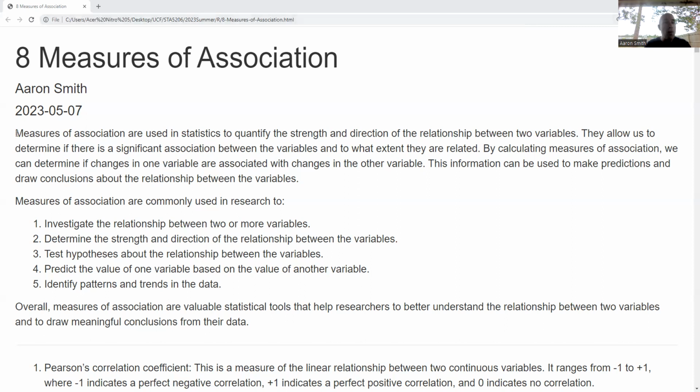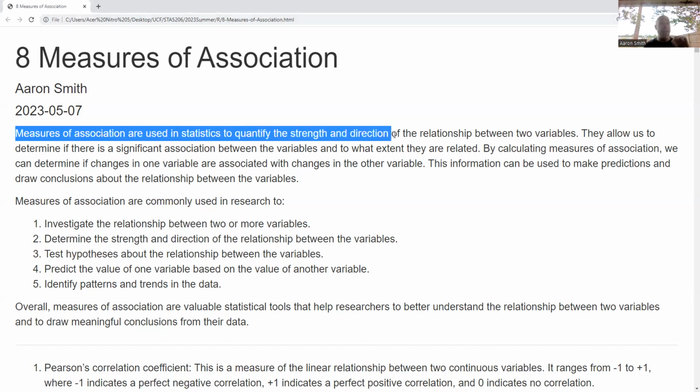So measures of association are used in statistics to quantify the strength and direction of the relationship between the two variables. Direction: imagine the situation with the temperature and ice cream sales, where they both go up.